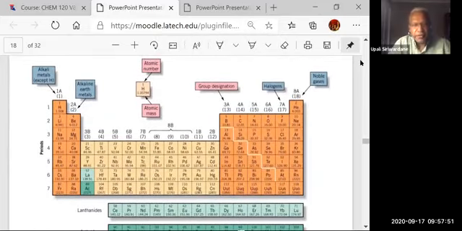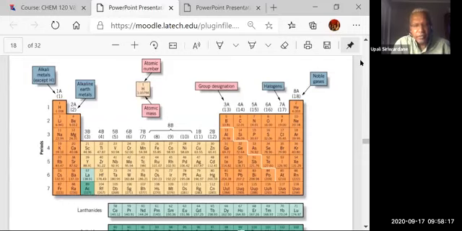The group notation uses numbers 1 through 18, and there's also another notation using 1A, 2A, 3A, 4A, 5A, 6A, 7A, 8A.